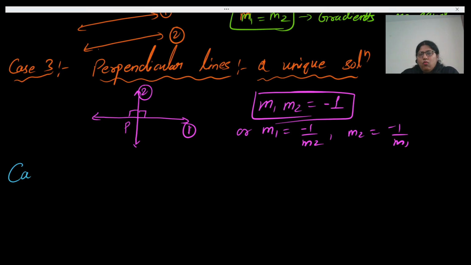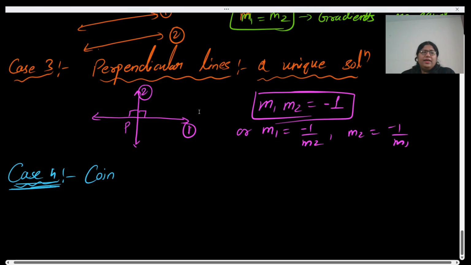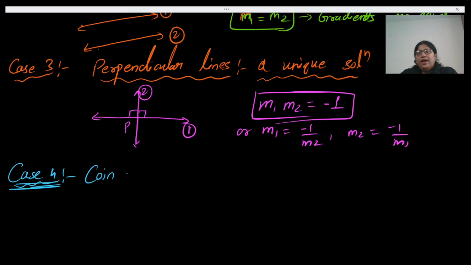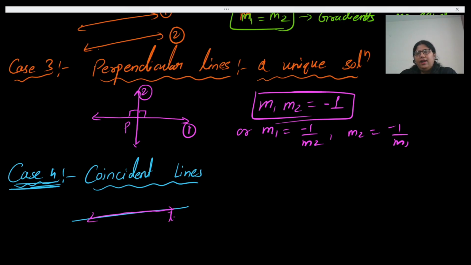Now there is one more case, which you see in very rare places. These are the different types of lines: intersecting lines, perpendicular lines, parallel lines, and there can be coincident lines also. That means the lines which fall on each other. If I take two lines on top of each other, this is line 1, this is line 2.